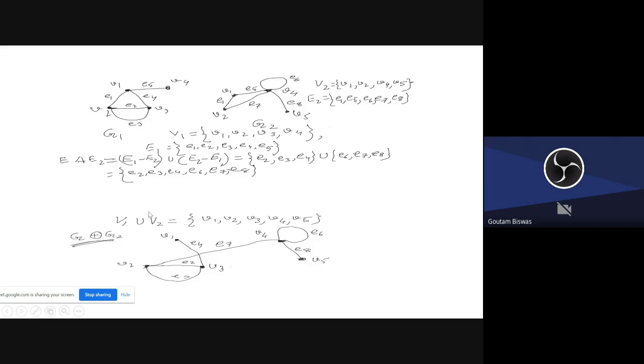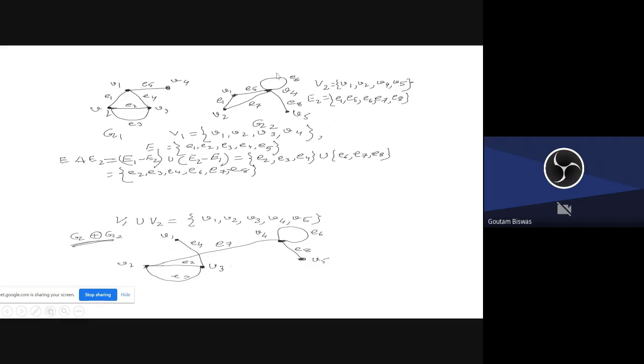So the question may come: let graph G1 be this and graph G2 be this, but with no figure. Find out and draw the graph G1 ring sum G2. So you have to draw G1 from this data. You have to remember what E1 is: E1 is the edge between V1 and V2, then E2 is the edge between, and in this way you have to remember.